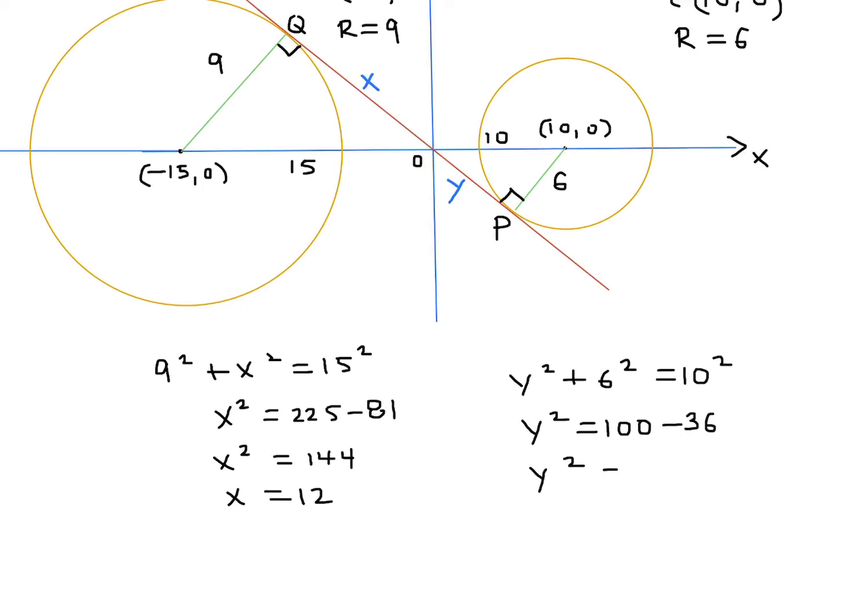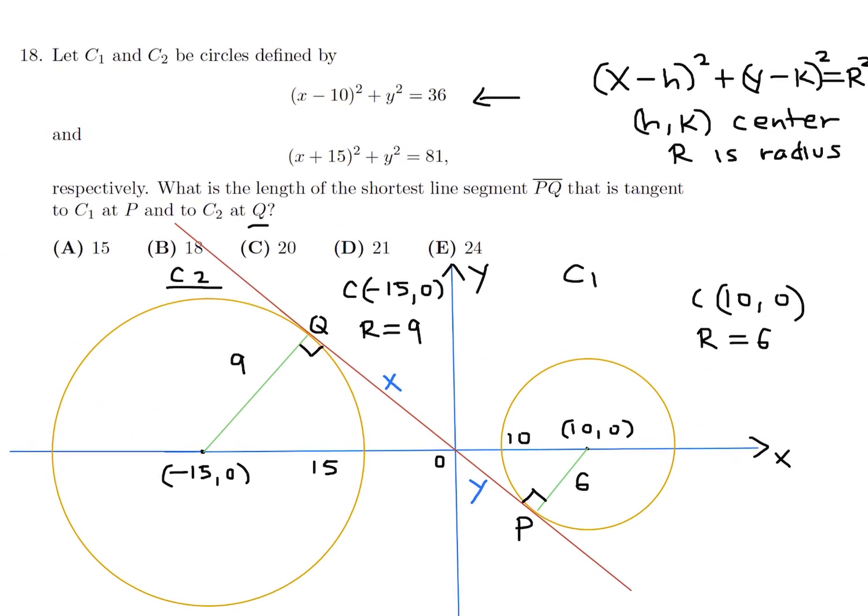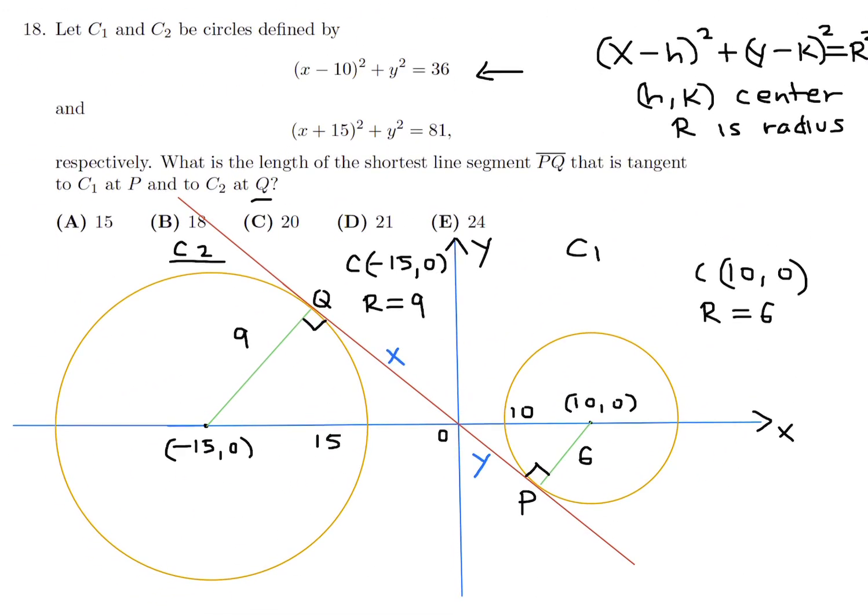So Y squared is equal to 64, so Y is equal to 8. And therefore, since QP is equal to X plus Y, that would mean 12 plus 8, and that is 20. So QP is 20. It's the shortest possible distance also. So for 18, the answer is C.